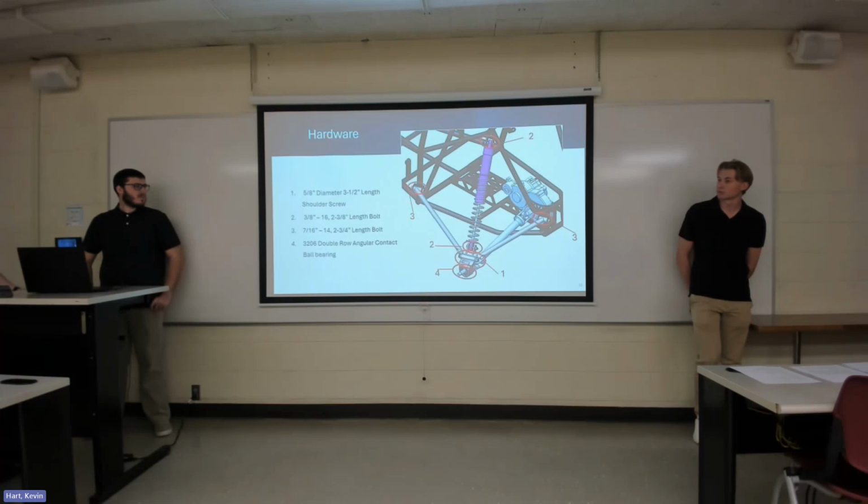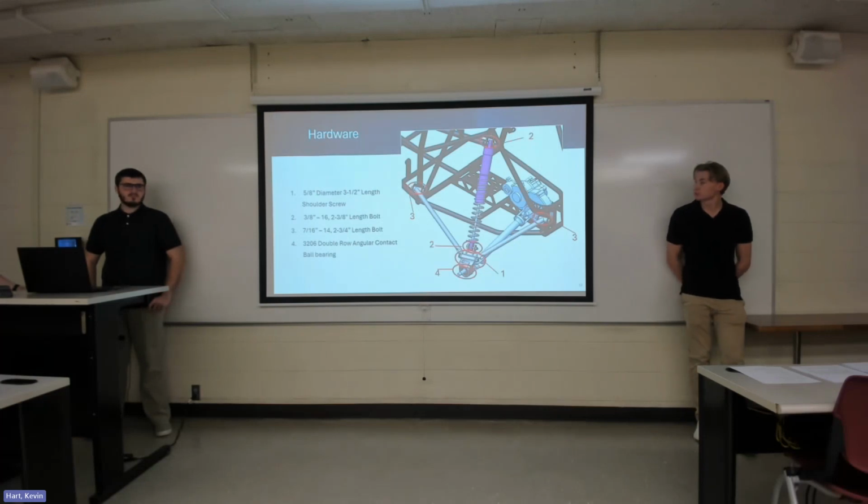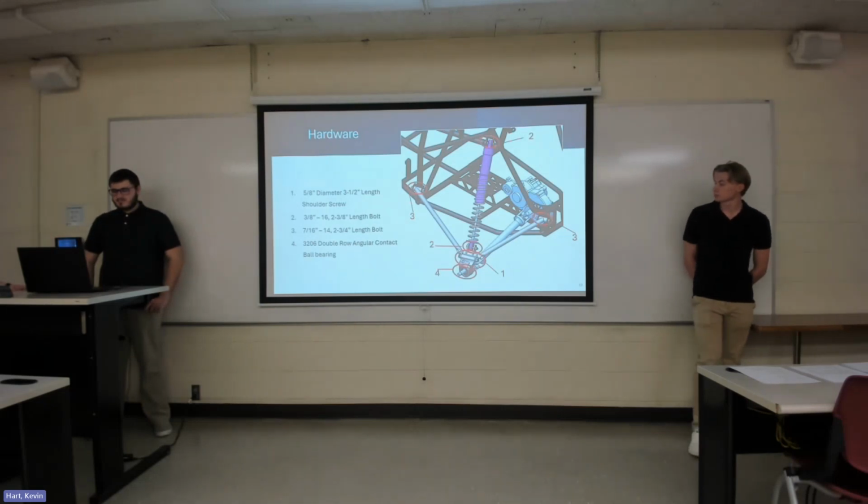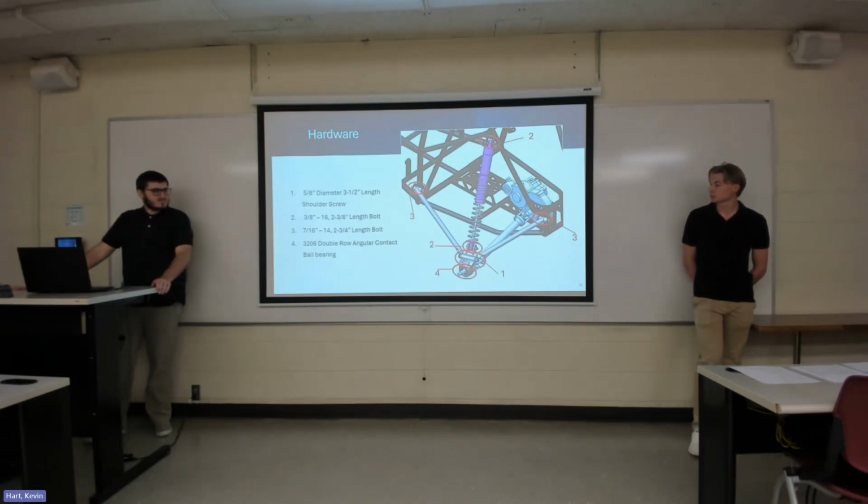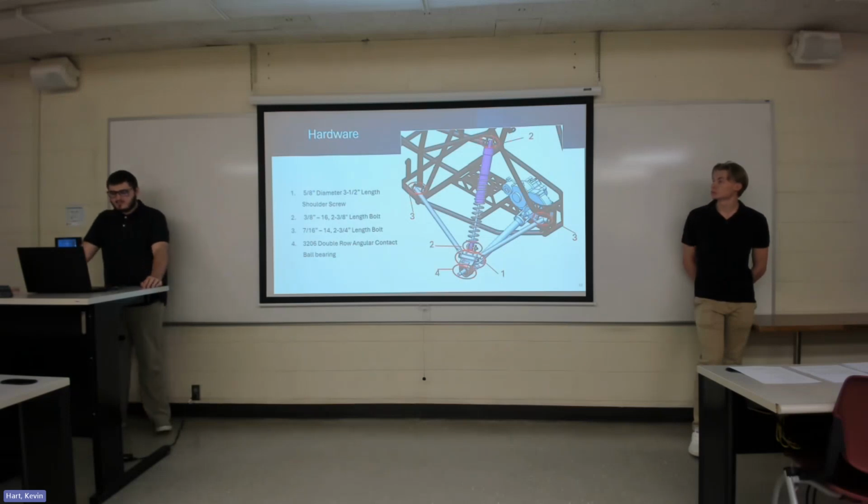And the hardware that we've chosen for this includes a 5/8 inch diameter shoulder screw for the control arm to knuckle connection, and that one is circled because that one is going to see a lot of shear force. So we wanted that one to be very strong. And then for the shock upper and control arm upper and lower connection points, we want 3/8 inch by 16 bolts.